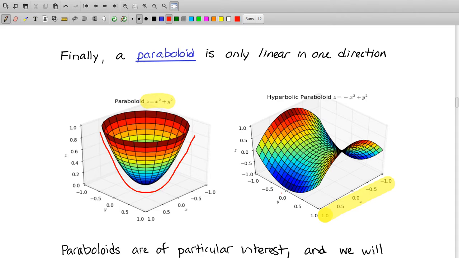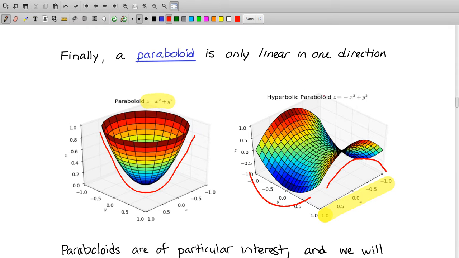But in the y direction, it looks like a parabola pointing upward because you have z equals y squared. So depending on which way you look at it, it looks like a parabola pointing up or a parabola pointing down. This is a really interesting shape that we'll talk more about.